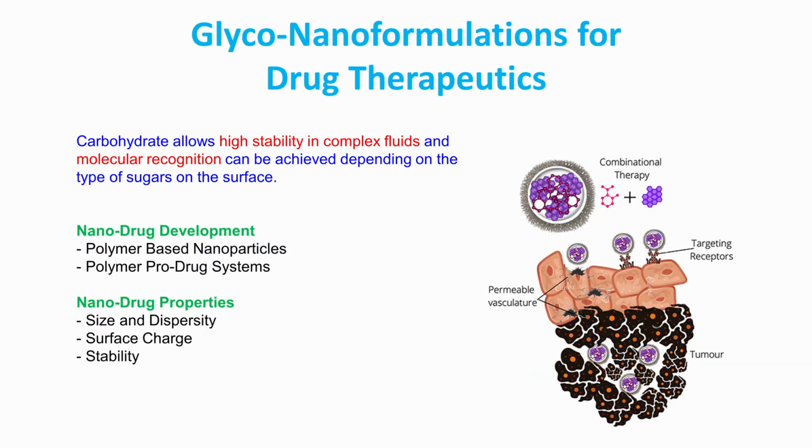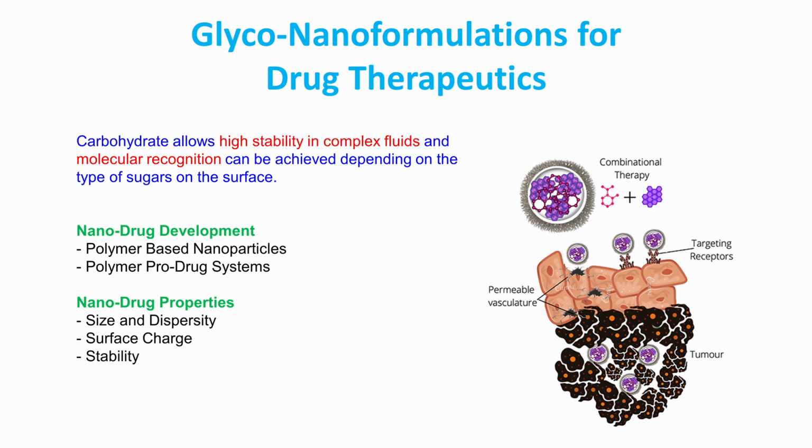The other example that I'm going to talk about is on drug therapeutics. We have also been working on using glyco-nanoparticles, and this is more like a glyco-nanogel. The core of this nanoparticle is a temperature-responsive core, where we can encapsulate a high dose of the drug. The drug that we are interested in is a radiosensitizer focusing on hypoxic tumors.